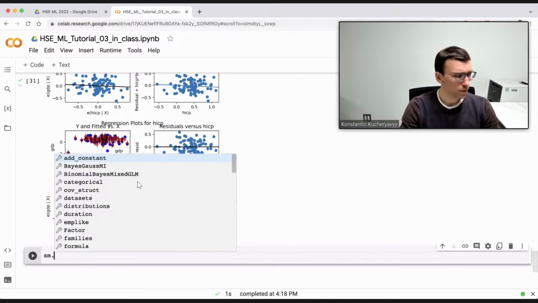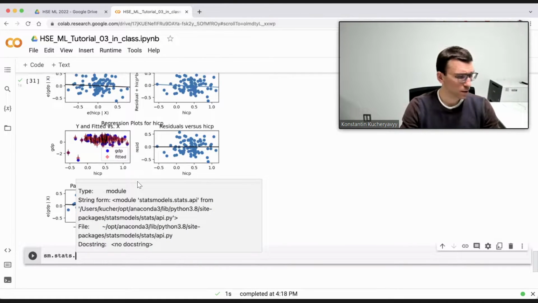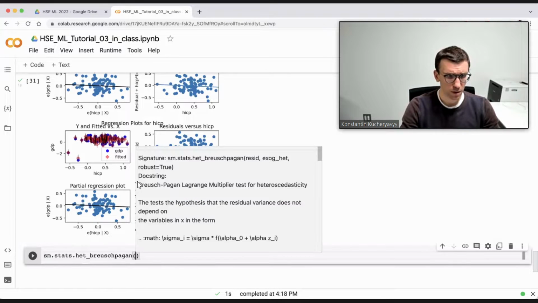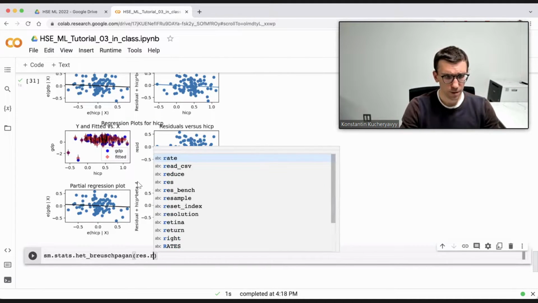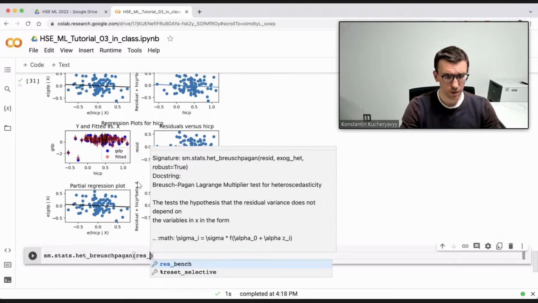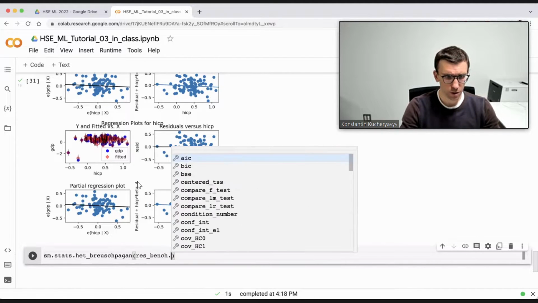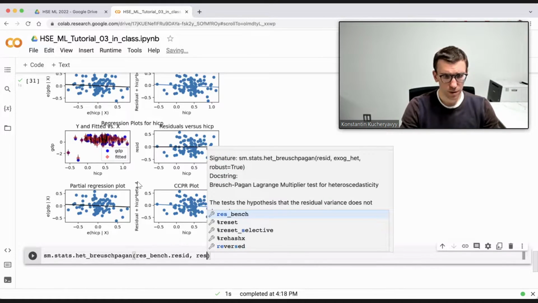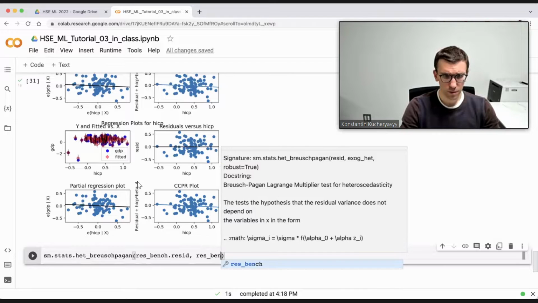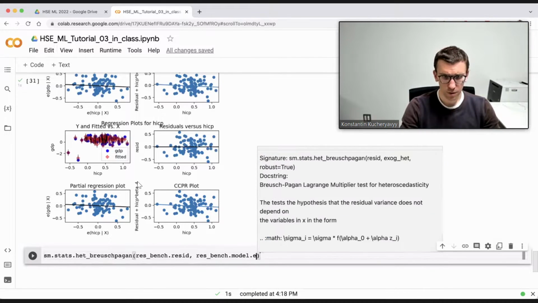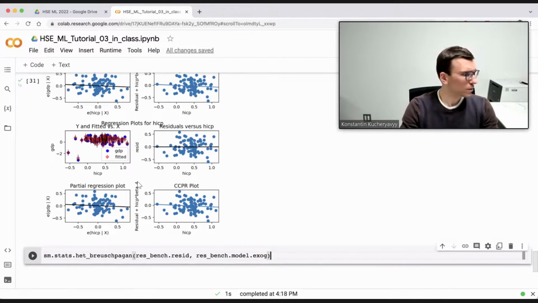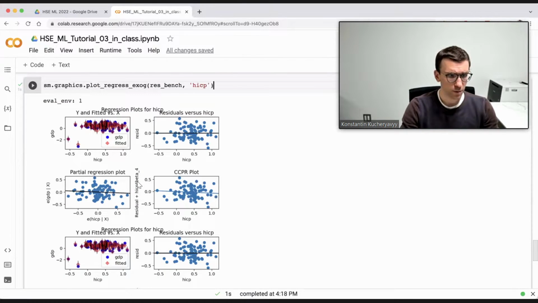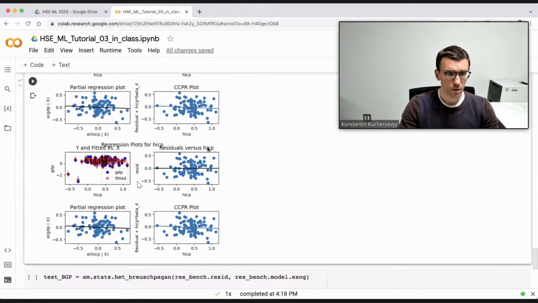So the residuals of the main model, and the exogenous variables.